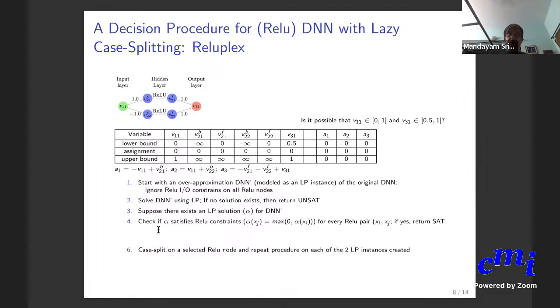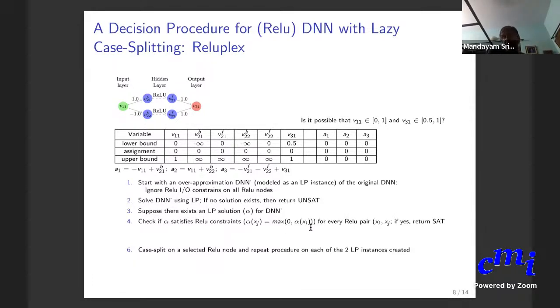That is what ReluPlex does at a top level. So if there is a solution alpha for the over approximated network, how does it check that? For every xi, xj ReLU pair, it checks if it meets the ReLU constraint by just checking if the value of xj is max of 0 and xi.